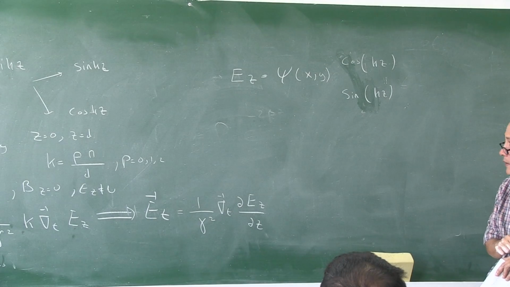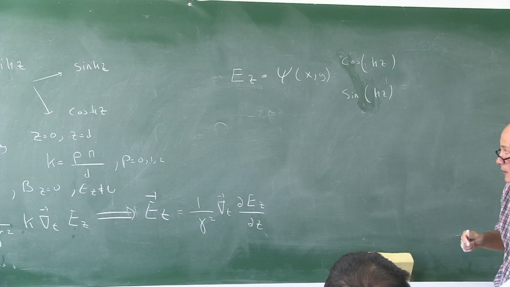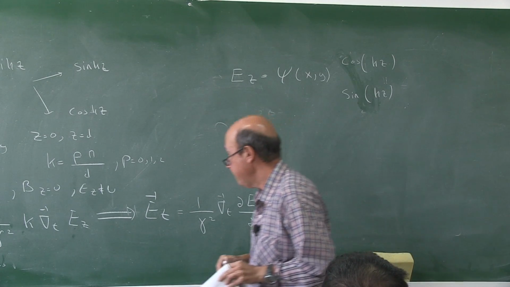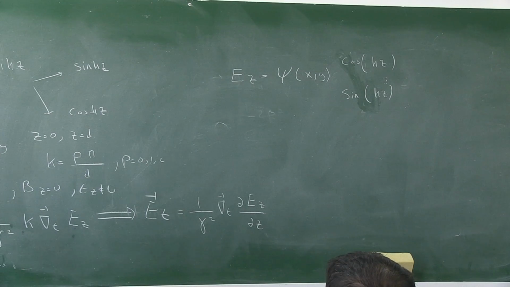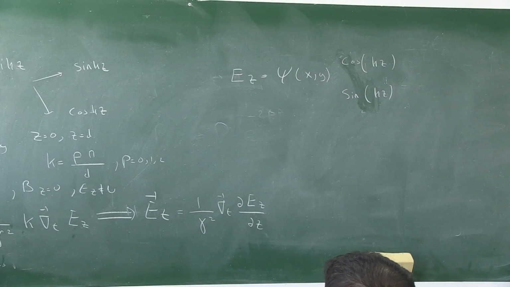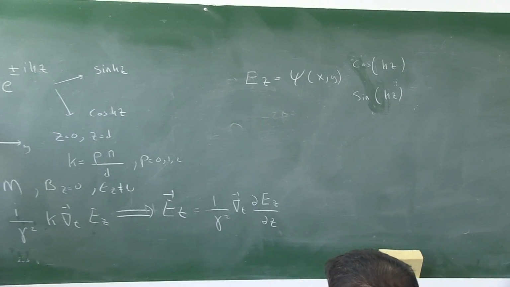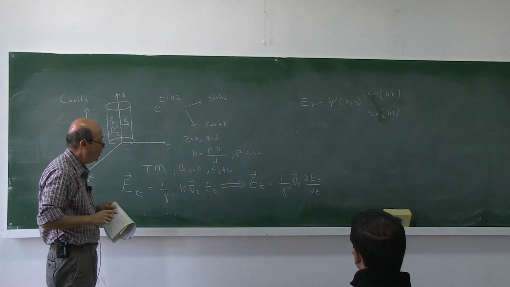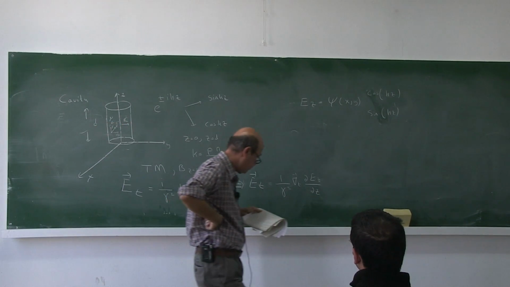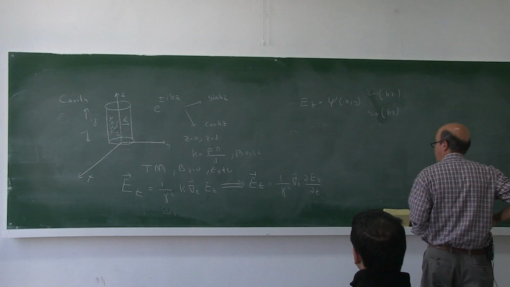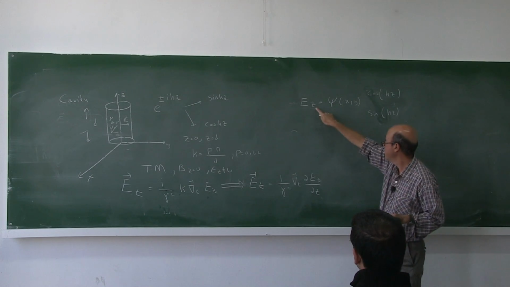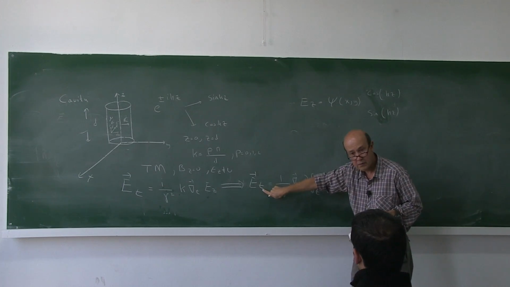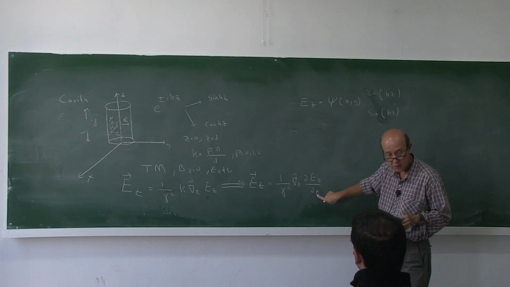Why sine kz? You have how many surfaces? You have the surface of the cylinder and up and down. If you put Ez as sine kz, you will calculate the transverse field by taking the derivative with respect to z.